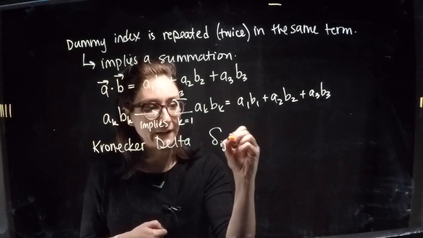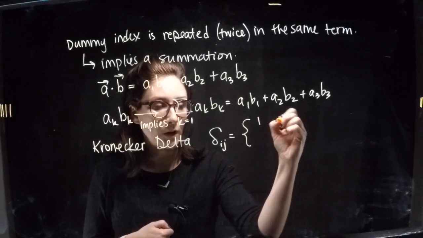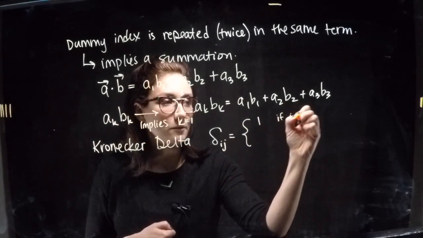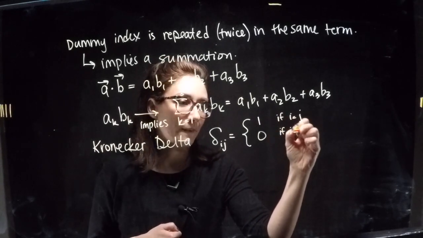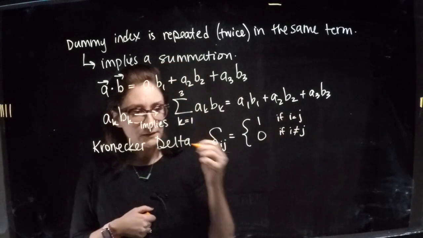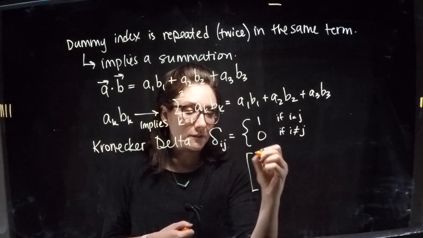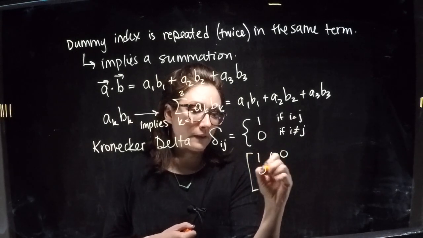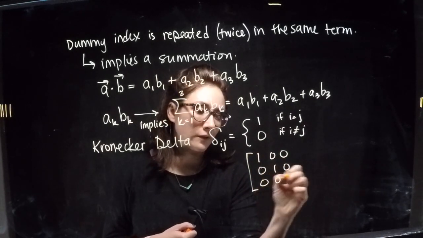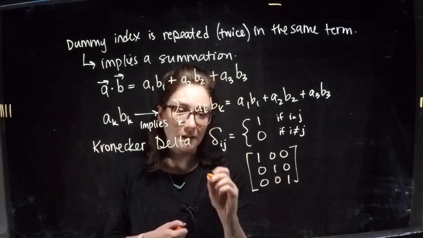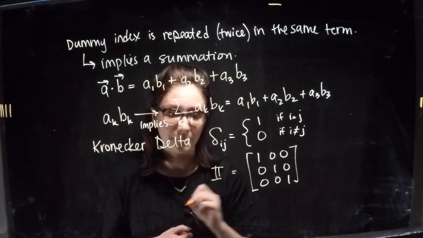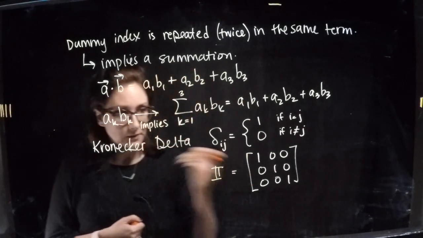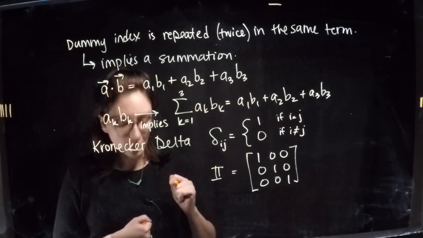And this is defined as being equal to 1 if i is equal to j, and 0 if it's not. All right, and so if you write this out, you might recognize this tensor as a familiar structure. So this is essentially our identity matrix, right? So that's handy. That's going to come up a whole lot.